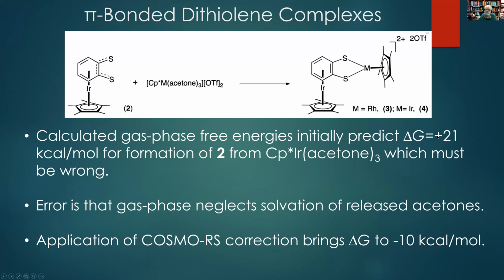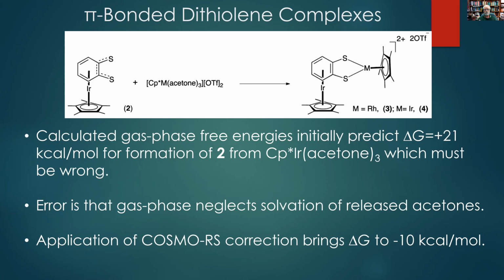We got that the free energy, G, would increase if we tried to form molecule number 2 over here from the starting material. And it was a simple case of not taking the solvation into account. What we had to include in the calculations in order to get at least the right trend in the behavior of the reaction was the fact that this molecule is not in the gas phase, it's surrounded by acetone.